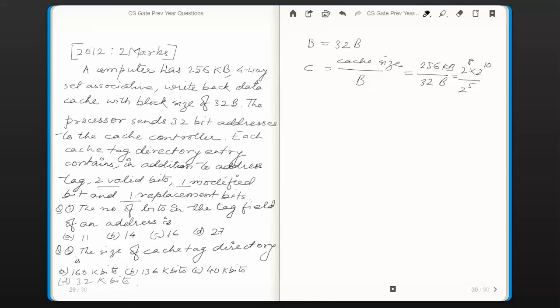So 2 to the power 8 into 2 to the power 10 is 2 to the power 18, divided by 2 to the power 5, that is 2 to the power 13. This many cache blocks are there in the cache.